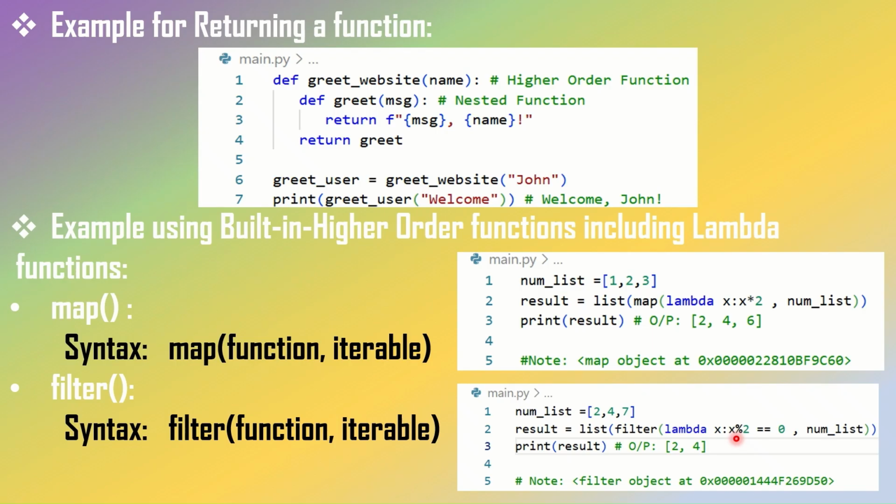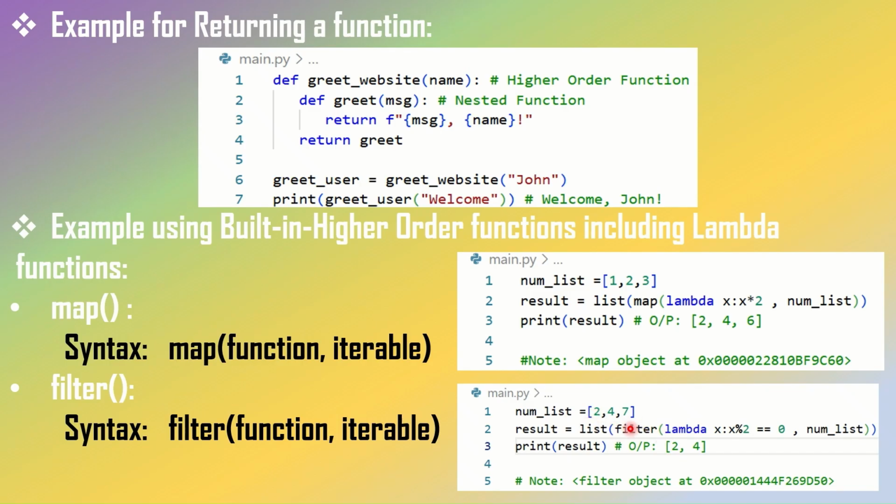So whenever a particular item divided by 2 is equal to 0, then it returns true. Whenever the condition is satisfied, that item only I want to store in the form of a list. So that's why I have given this condition. This condition will be applied to each and every item in this iterable, which is the num list we have here.